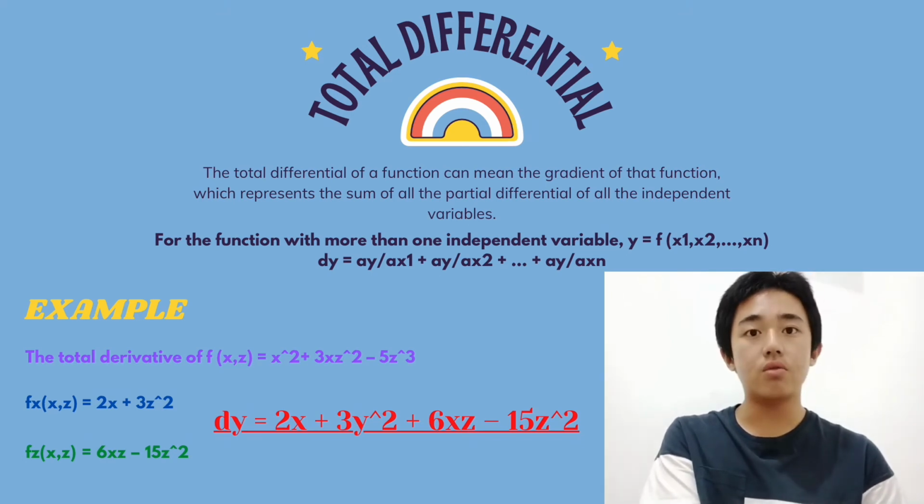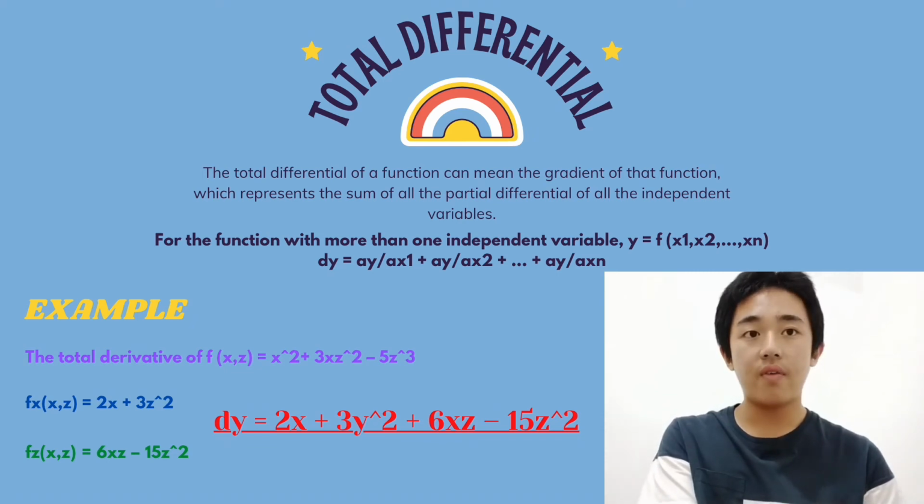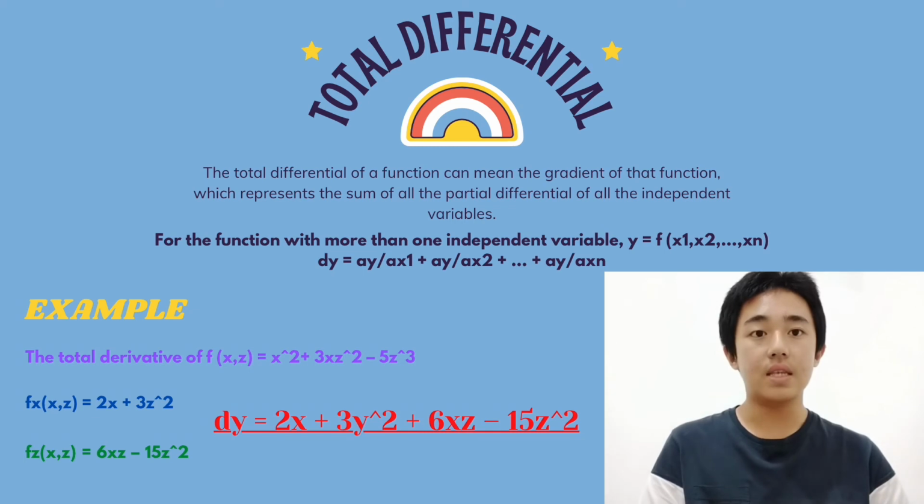And next we focus on f_z(x, z), which equals 6xz, because x squared in the question is gone because it is constant. We focus on z, so for 3xz squared, we multiply 2 by 3, which gives us 6xz, and we subtract 3 times 5, which gives us 15z squared. And because we're looking for f_z, that means the x changes to a constant.